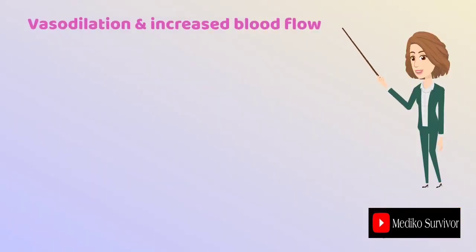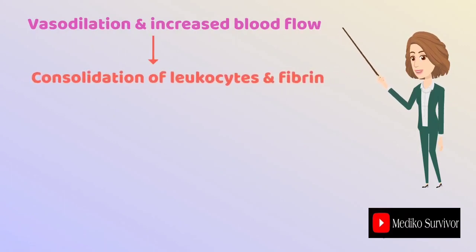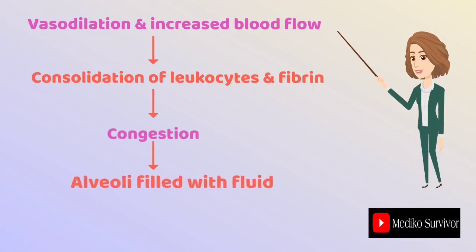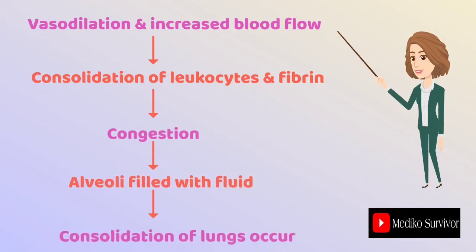In the affected area of alveoli, blood vessels dilate and blood flow increases. Due to the presence of microbes, consolidation of leukocytes and fibrin takes place, which causes congestion, meaning alveoli filled with fluid or pus, which results in consolidation of lungs and ultimately causes pneumonia.